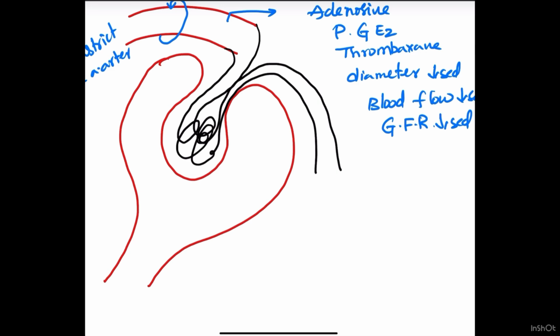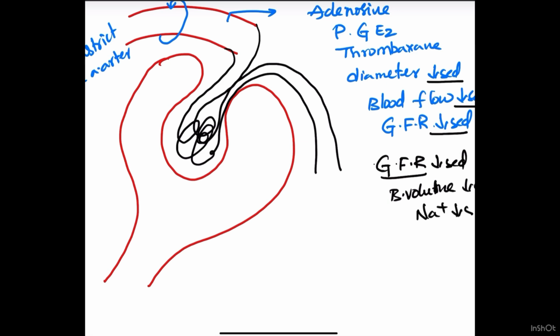So when this diameter decreases, blood flow decreases, and so the glomerular filtration rate is going to be decreased. When the glomerular filtration rate is decreased, blood volume is also going to be decreased, and sodium ions are decreased.